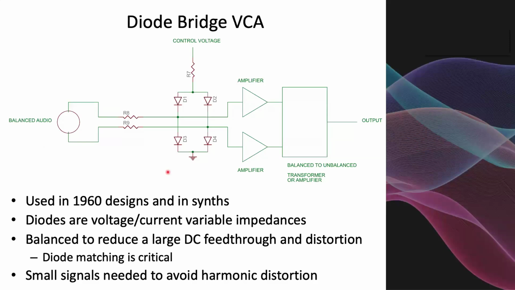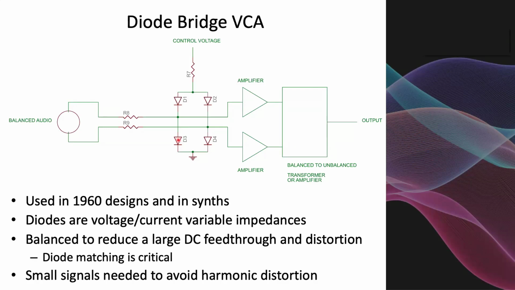But the other interesting thing is, if you have an AC signal, as it moves up and down, it will modulate the diode resistance above it such that it becomes higher, and the one below becomes a little bit lower. So these two cancel each other out to a certain extent, and therefore it reduces the distortion.